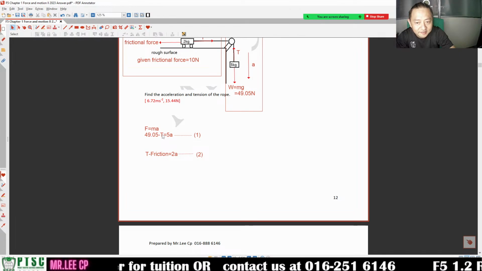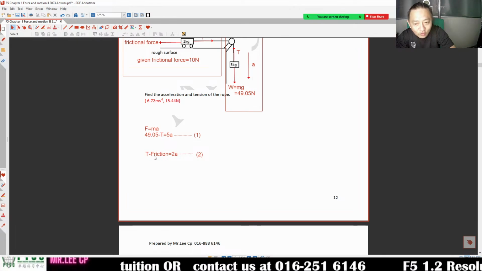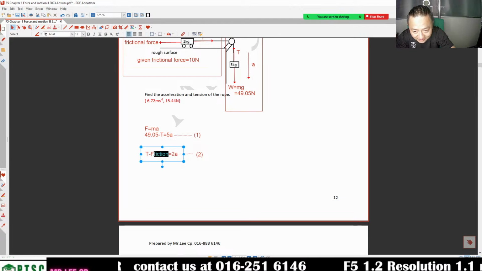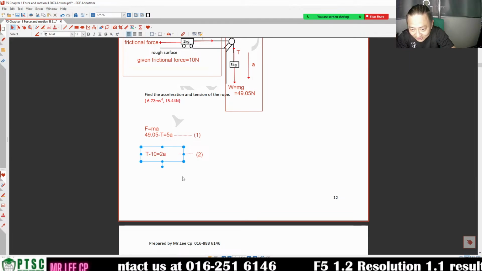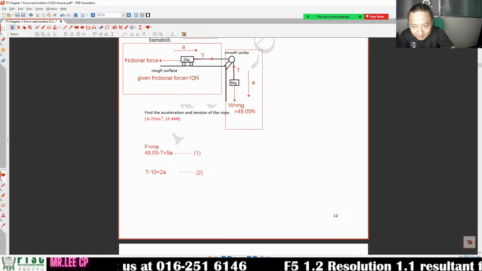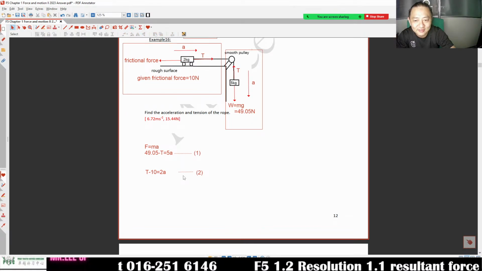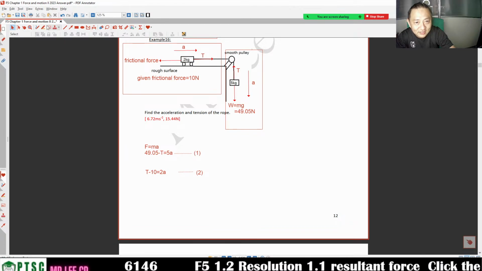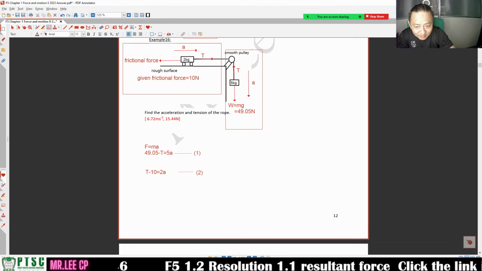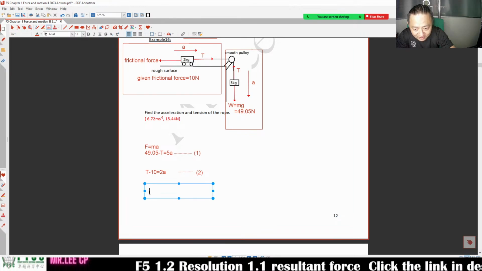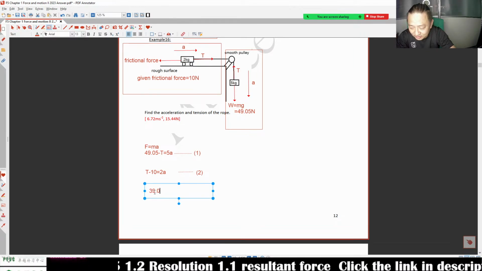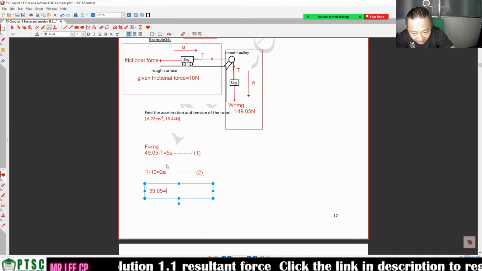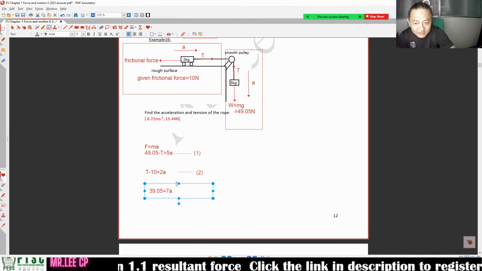This negative T plus this T, normal T. 49.05 minus the friction. How much is the friction? 10. Sorry, minus the friction. T and negative T, normal T. 49.05 minus 10 is 39.05 is equals to MA. 5 plus 2, it is 7A.